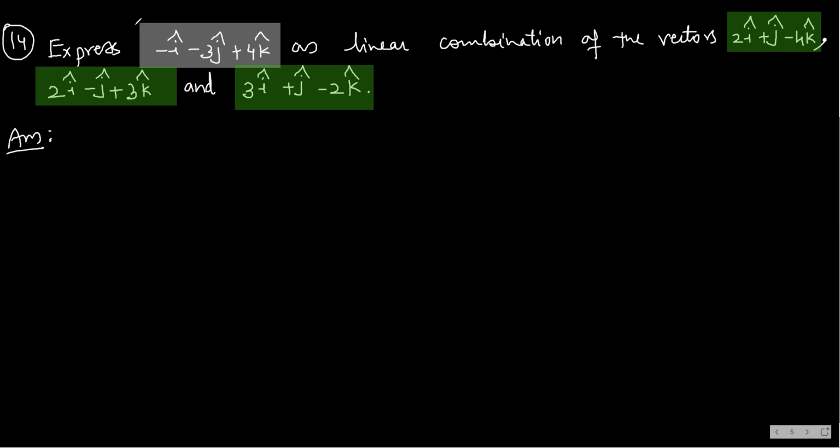So we have to express this vector as a linear combination of these three vectors.